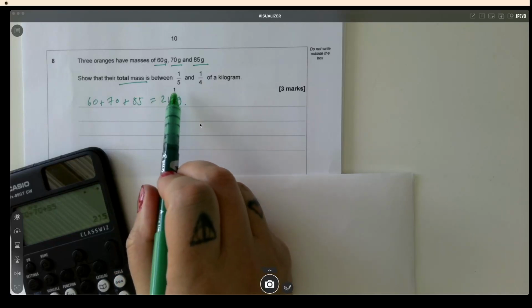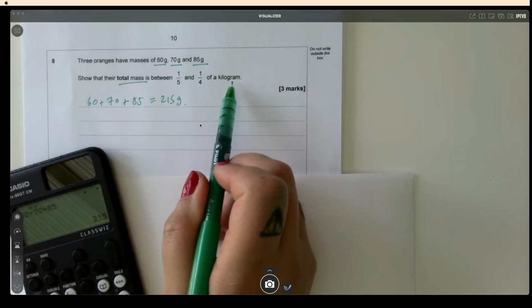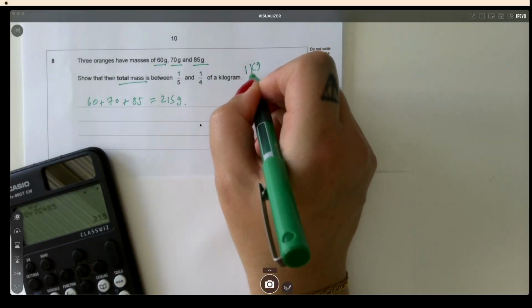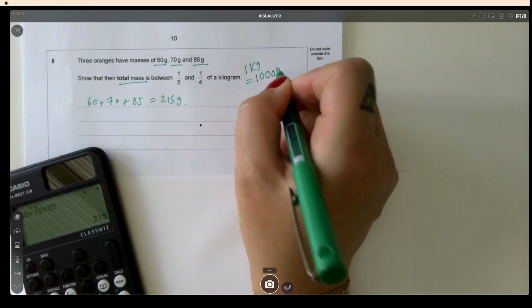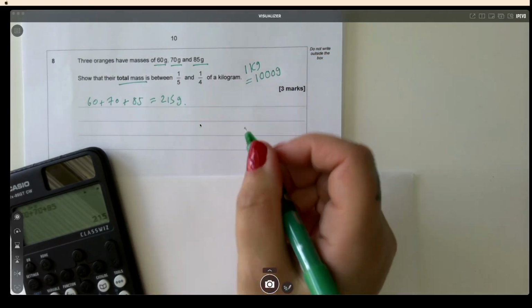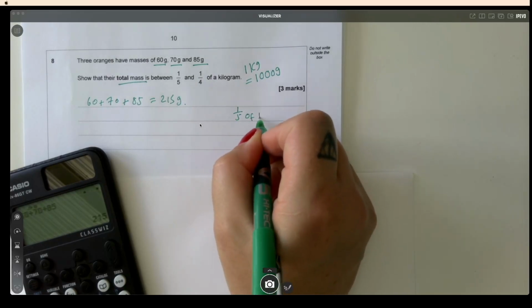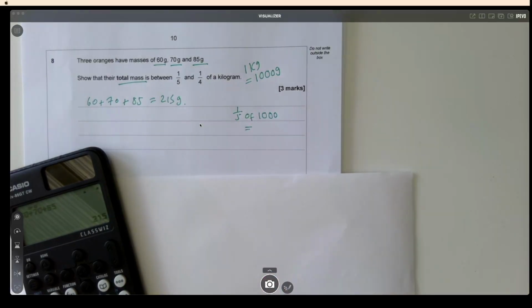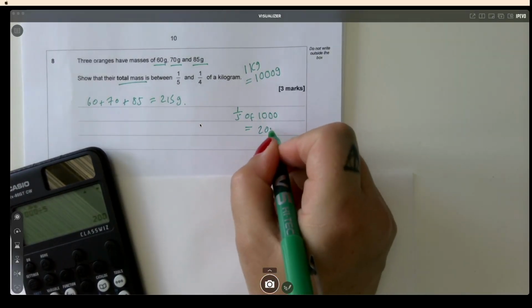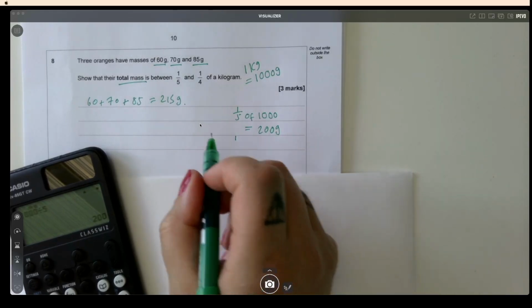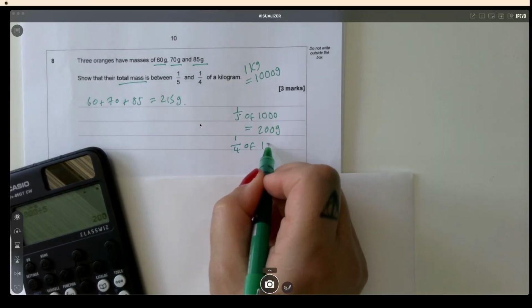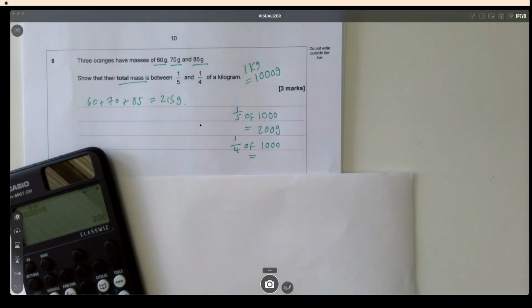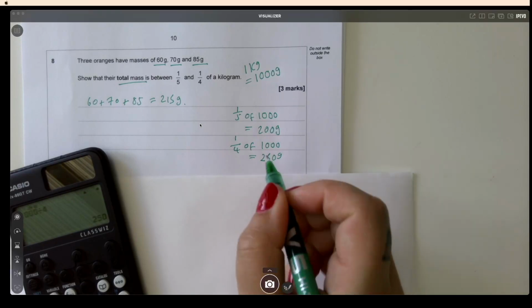So we want to show that it's between 1/5 and 1/4 of a kilogram. So 1 kilogram is equivalent to 1,000 grams. So if we find a fifth, so 1/5 of 1,000, so 1,000 divided by 5 is 200 grams. And then 1/4 of 1,000, so 1,000 divided by 4 is 250 grams.